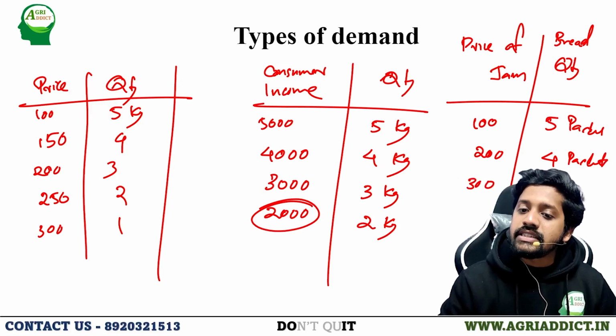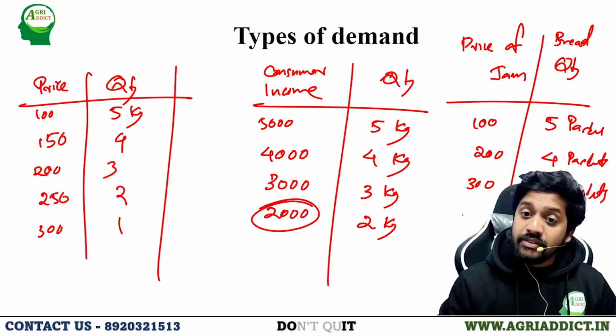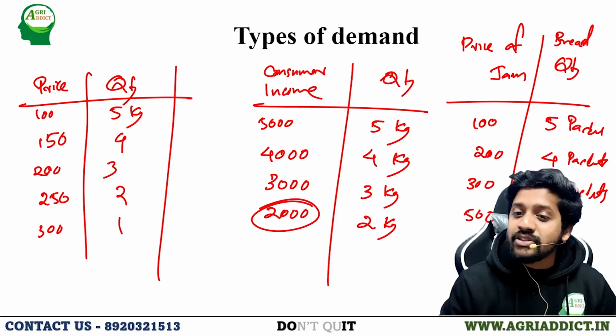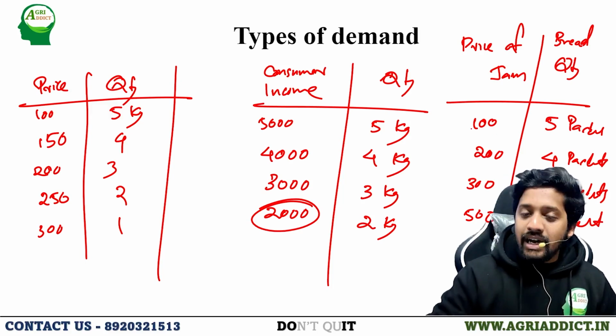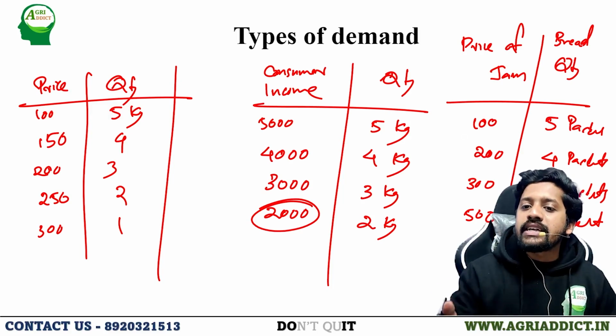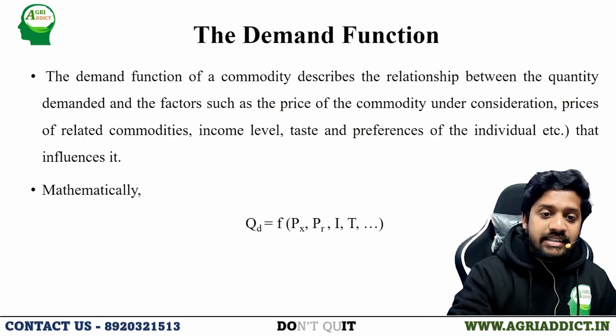I will be purchasing just 3 packets. If the price of the jam again increases to 500 rupees for a single bottle, then I will be purchasing only 1 packet. So as the price of the related commodity increases, it also changes the quantity consumed of a single commodity. That can be considered as cross demand.